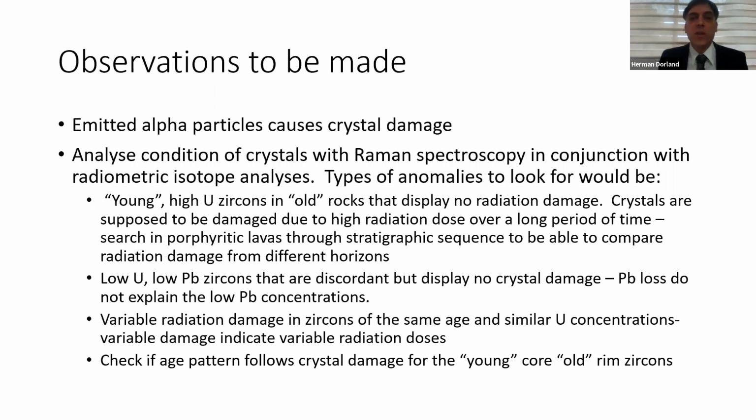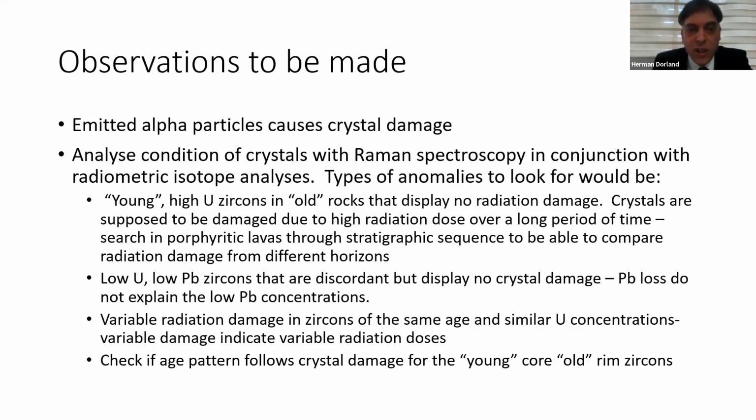So there are some further observations that one can make on the discrepancies. We know that the alpha particles emitted by decay cause crystal damage. So we can look at young high uranium zircons in old rock that display very little radiation damage. We know that high uranium will of course cause crystal damage, but by Raman spectroscopy we can look at the crystal quality and see if it's damaged or not.